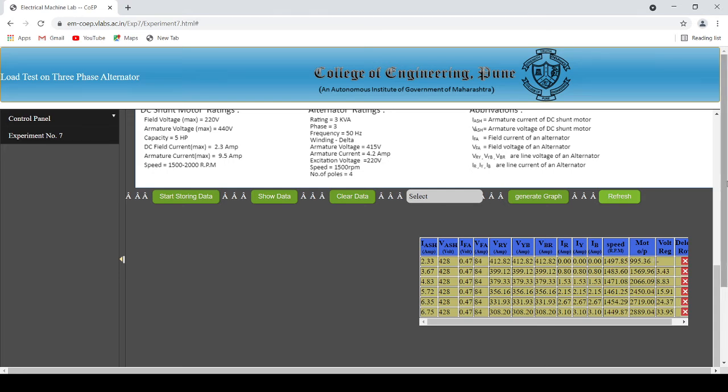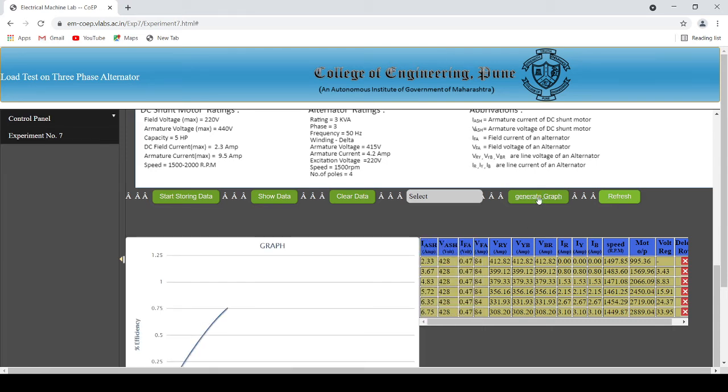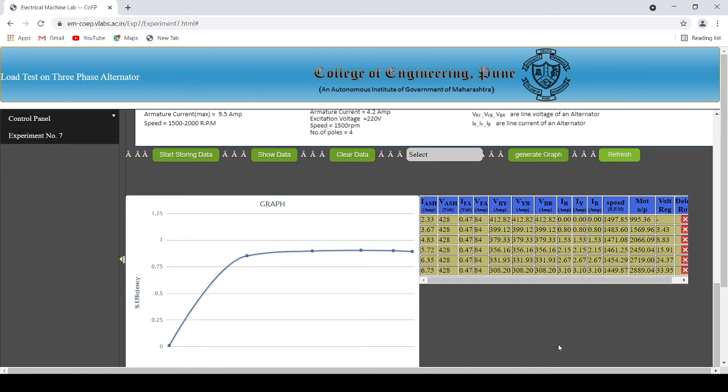How to view that? Just by clicking on the select, we select output versus efficiency and click on generating graph. We obtain an output graph. So this is the graph for output with efficiency. The graph starts increasing steadily and at some point, that is at this point, it becomes stable and remains constant.